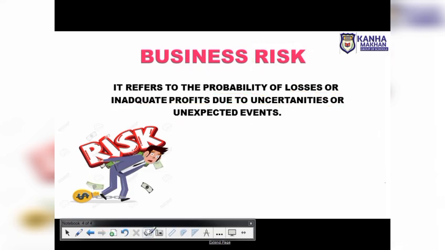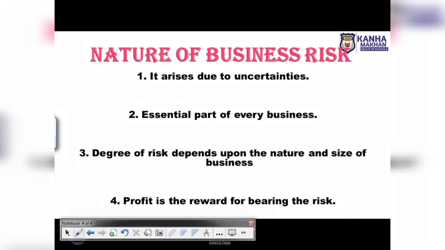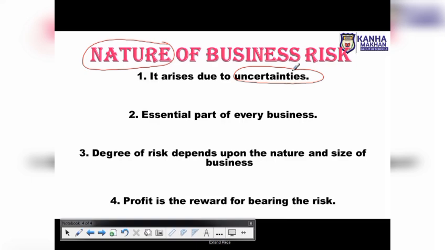Now let's discuss the nature or characteristics of business risk. Number one, it arises due to uncertainty. As we have discussed in the definition, risk is something which is not certain.